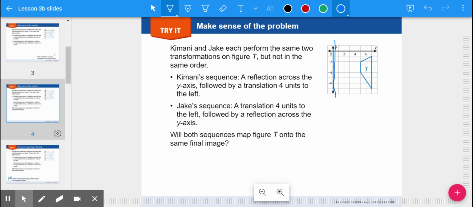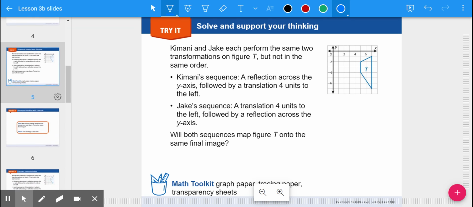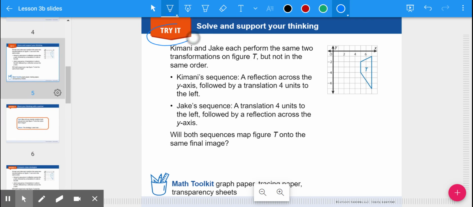The question we want to answer here, ultimately, after we're done, is, will both sequences map figure T onto the same final image, and I want to add in the same spot? That's the question I want you to think about as we're starting to do this. So why don't you go ahead and try it on your own and see if it works out.